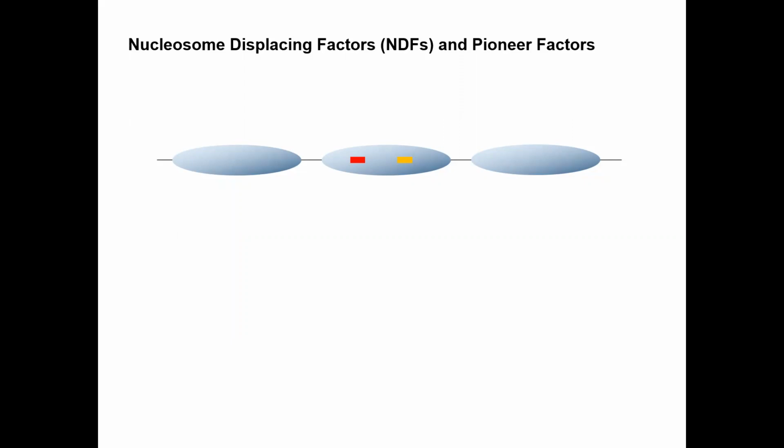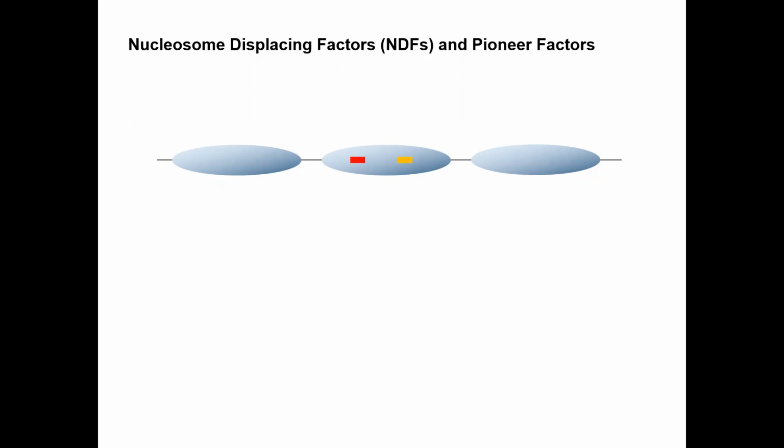In yeast, we would also like to call them pioneer factors, but people object because pioneer factor was originally defined in a developmental sense. So we call them nucleosome displacing factors, NDFs, but they are essentially the same thing. In this talk, NDFs and pioneer factors are used interchangeably.